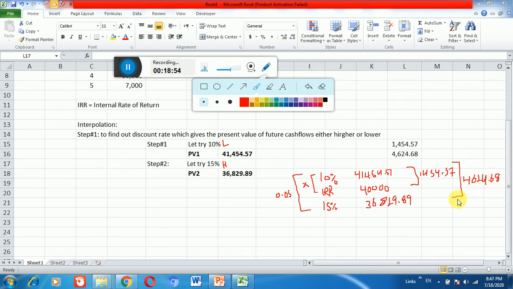So dear students, look here, if we do this method, it is called interpolation. We are just making an equation, and with the help of the equation we find the x value, and when we find the x value, we can find the IRR value. So you have to divide x over 0.05.